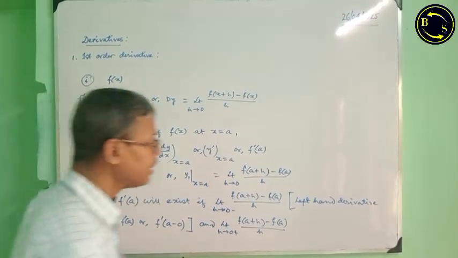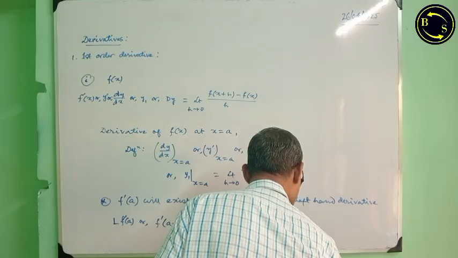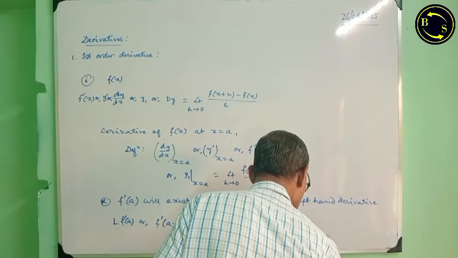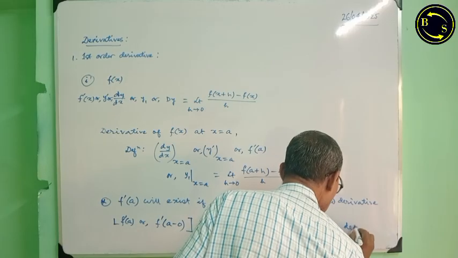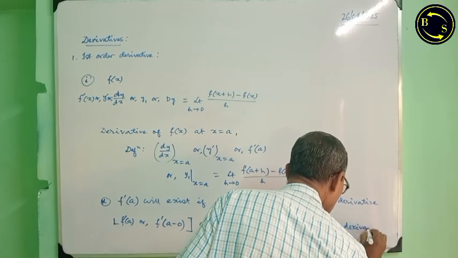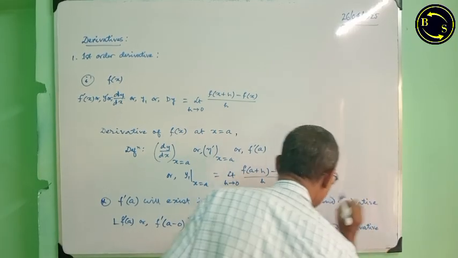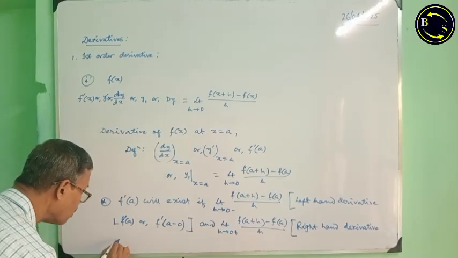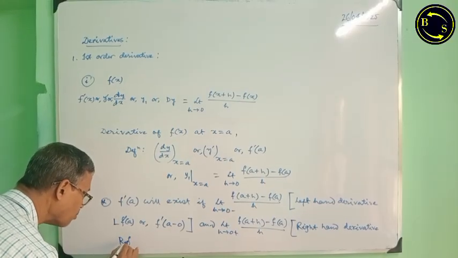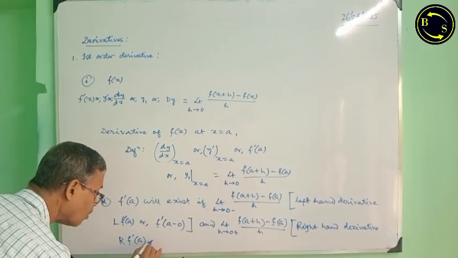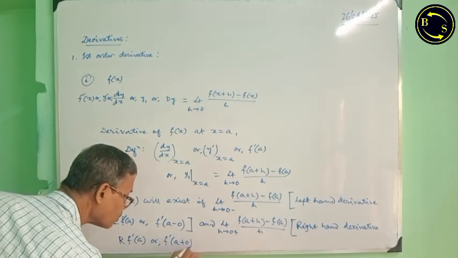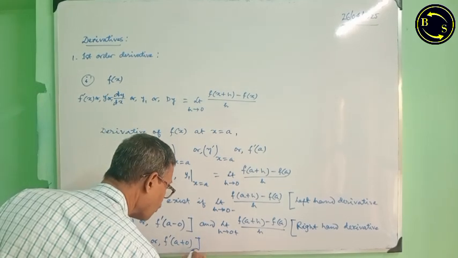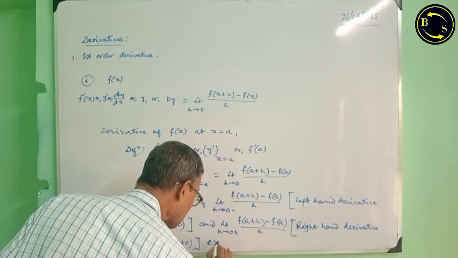This is called right hand derivative. And other notations are f dash a or f dash a plus 0 exist.